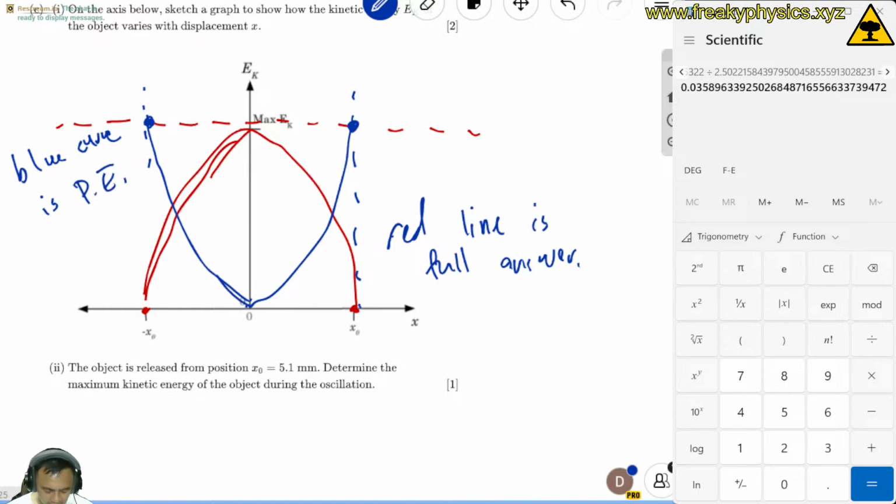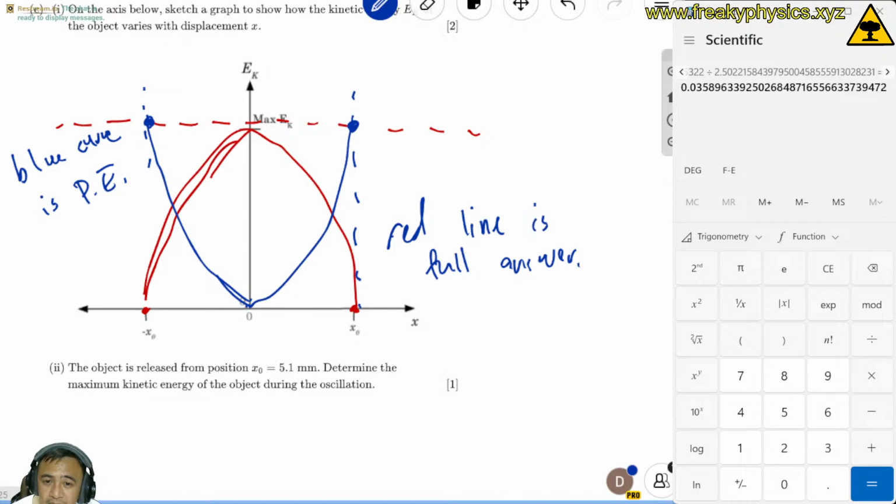All right. Let's go to part 2. You actually have an equation to do this, right? Which I cannot remember off the top of my head, so let me check the data booklet. Physics data booklet. Kinetic energy of harmonic oscillator.